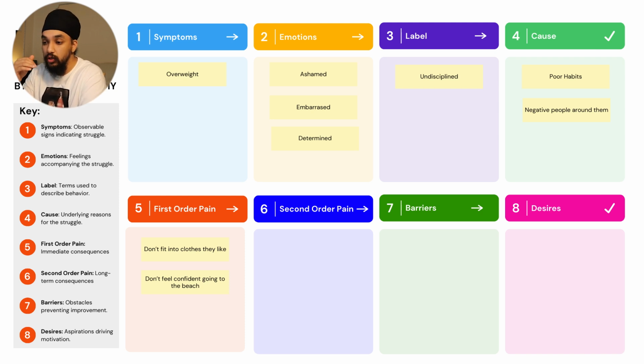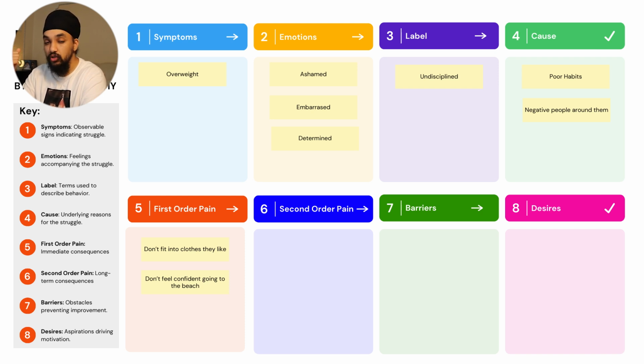Let's say you're a mom and you want to try and lose weight and you want to be like, look, I want my kids to grow up with a healthy mom. I want them to know that I'm going to be around. I don't want my health to be a problem in terms of their future. Okay. That is so much deeper than I'm trying to fit into a nice dress. But typically when you ask someone what their problem is, or why they want to lose weight, they'll give you a first order pain, right?